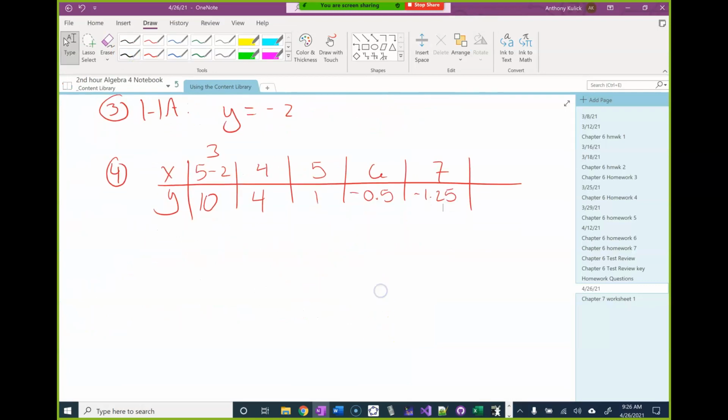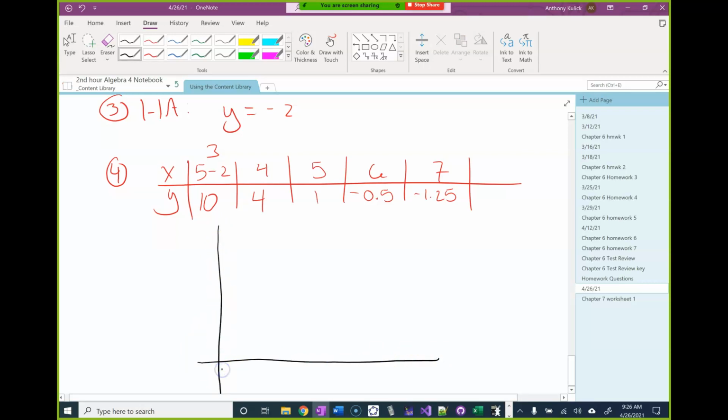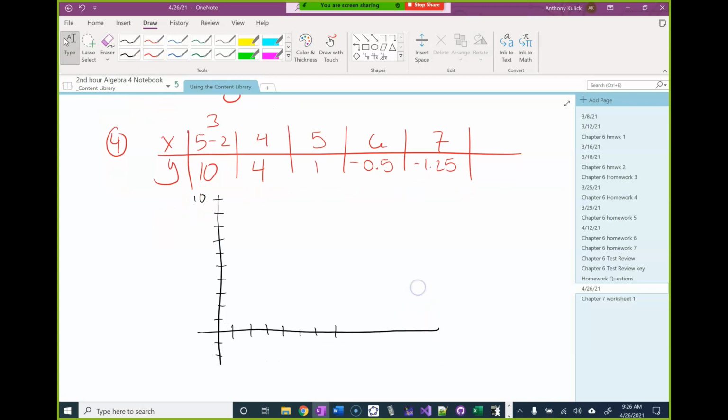Let's draw it down. Let's see. 1, 2, 3, 4, 5, 6, 7. 1, 2, 3, 4, 5, 6, 7, 8, 9, 10. I'll draw in our asymptote here to start with. And we'll plot some points.